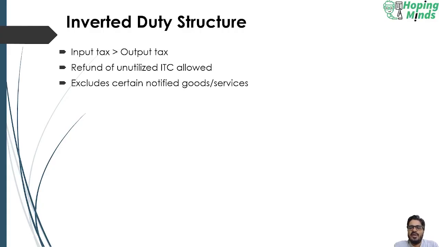So if our output liability comes to rupees 10,000, whereas the taxes paid on purchase of inputs comes to rupees 15,000, then the differential 5,000 amount can be claimed as refund. So under the inverted duty structure, input tax is greater than output tax. Refund of unutilized input tax credit is allowed, and it excludes certain notified goods or services.